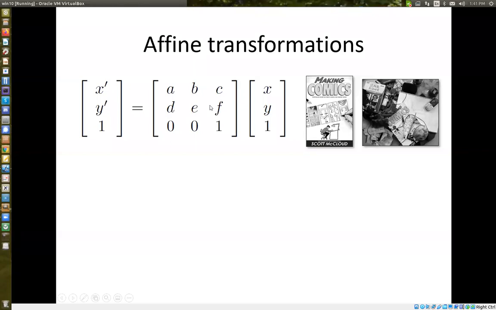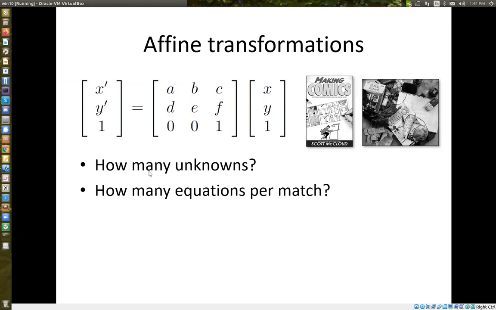You need to think a little bit: that's 6 variables, but for each match, how many equations do you have? Definitely you have one equation, but are you sure you only have one, or maybe you have more? We already said there are 6 unknowns, but per match, how many equations do we have?